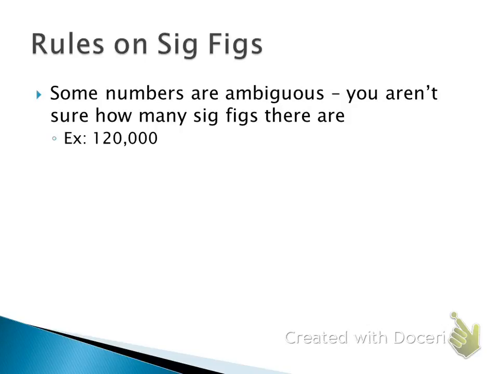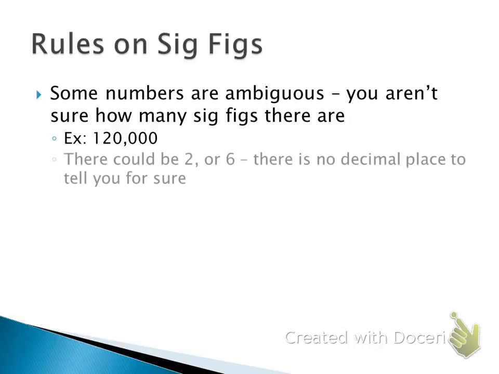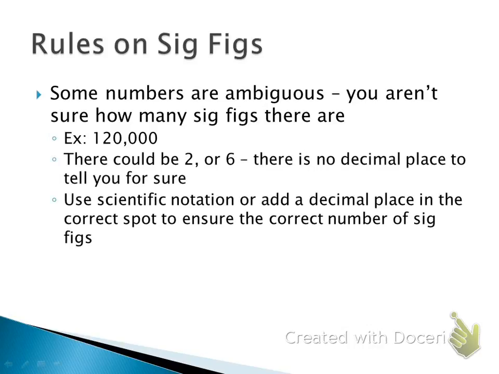No decimal point there, that's a comma. So we're not sure if this is in the 120,000 range or if it's exactly 120,000.0000. We don't know. There's a couple ways you can fix ambiguous numbers, and this is something that you need to know. We can fix ambiguous numbers by putting the number into scientific notation, or we can fix it by adding a decimal point.